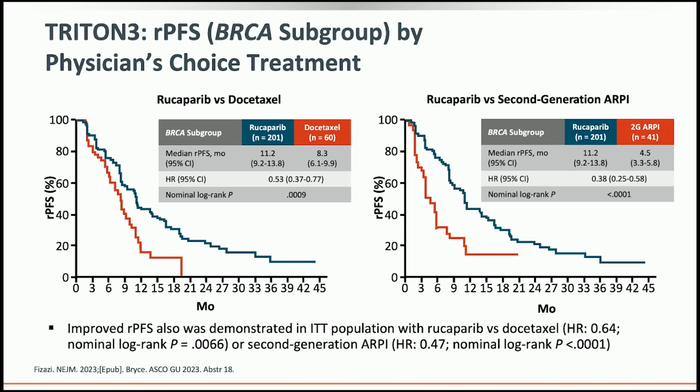As we know, second switches with anti-androgens are generally not as effective as other treatments, although in select patients it may work. But for the most part, the progression-free survival is usually inferior to other treatments.